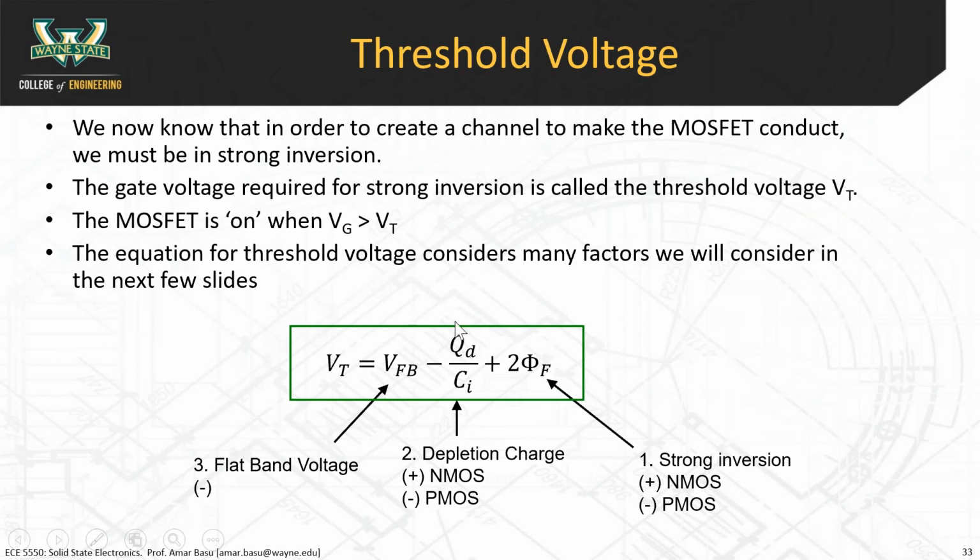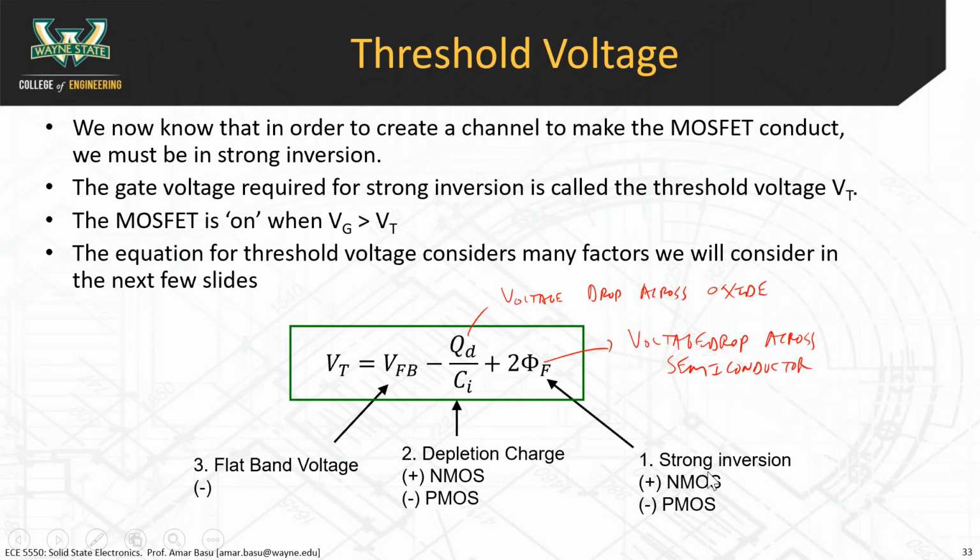This is the voltage drop across the oxide. Okay, I'm going to label this as well, just to make the connection. This is the voltage drop across the semiconductor. And then this is something called the flatband voltage.